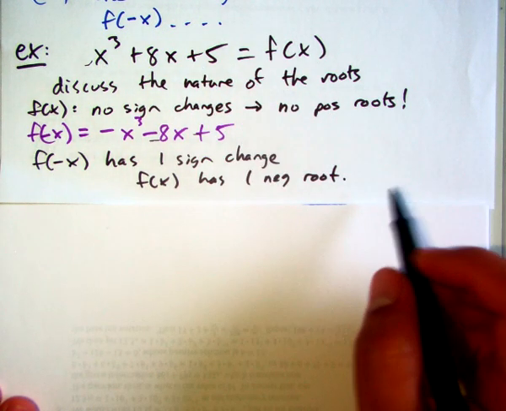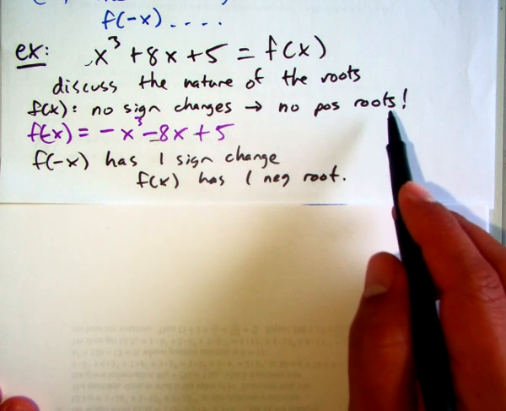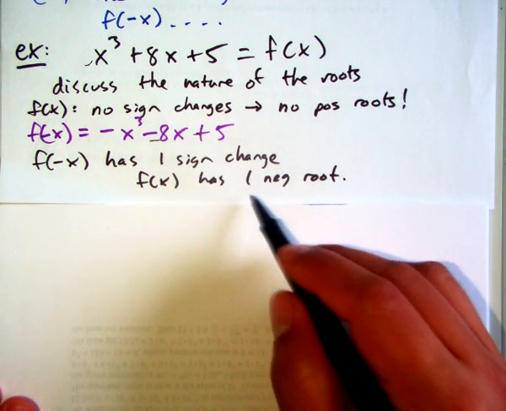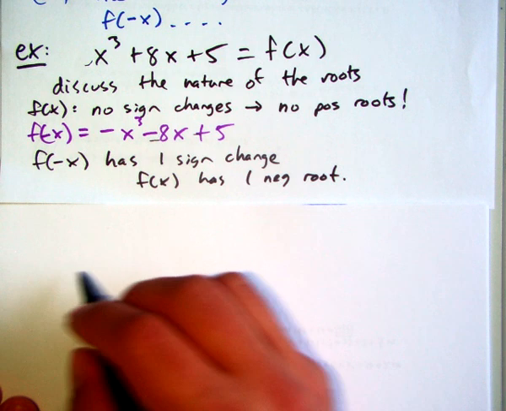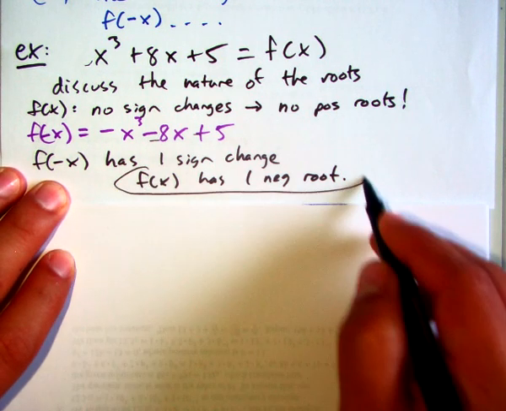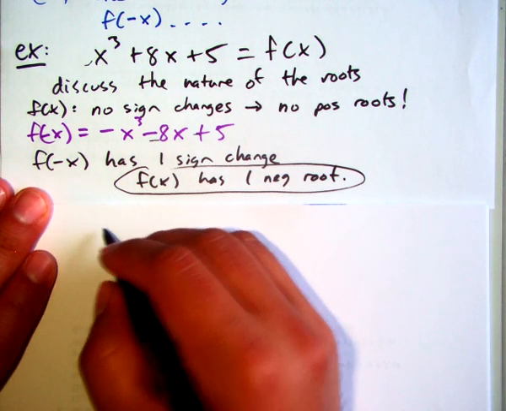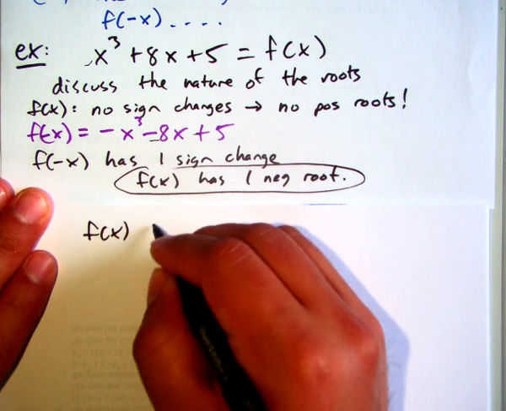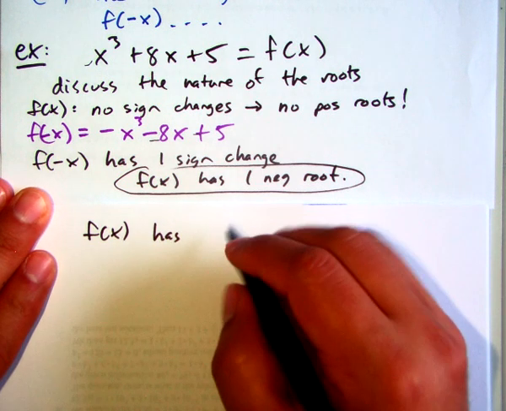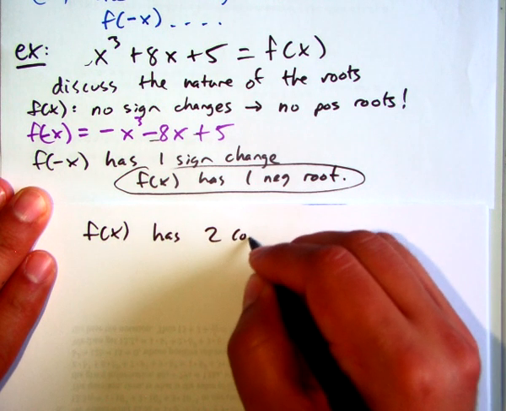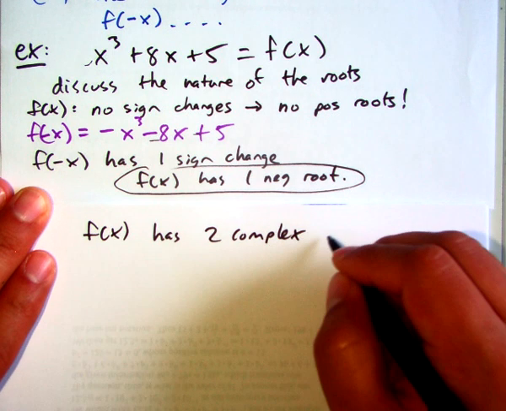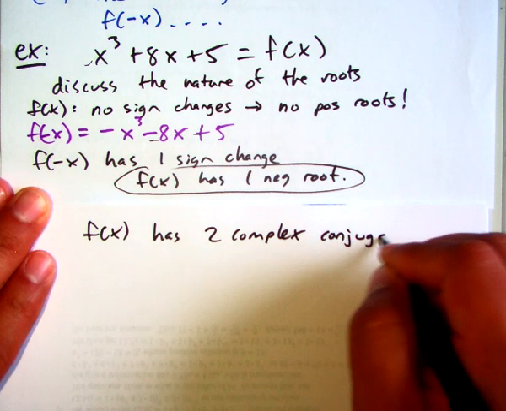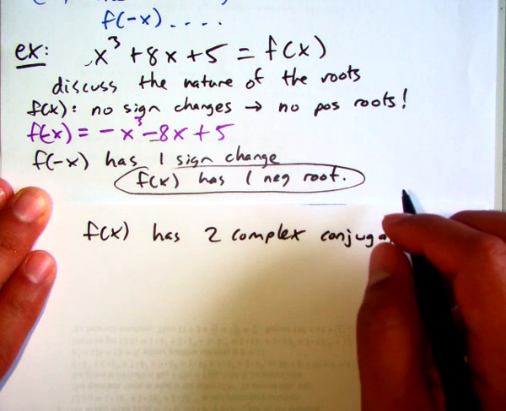So if we have no more positive roots, no more negative roots, and all I have is 1 so far, I know that f of x has one negative root, and because of what I said, we know that f of x has 2 complex conjugate roots.